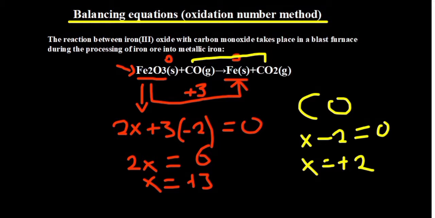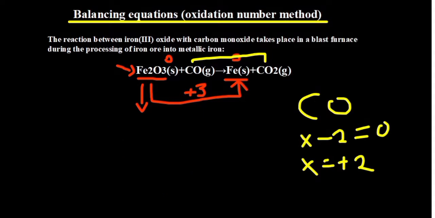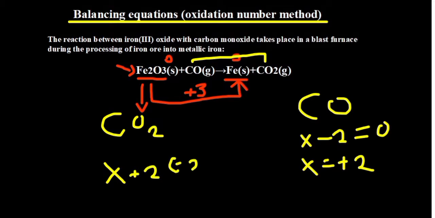Then for carbon dioxide, it's x, then 2 oxygens, each one is -2, so it's equal to 0 there.